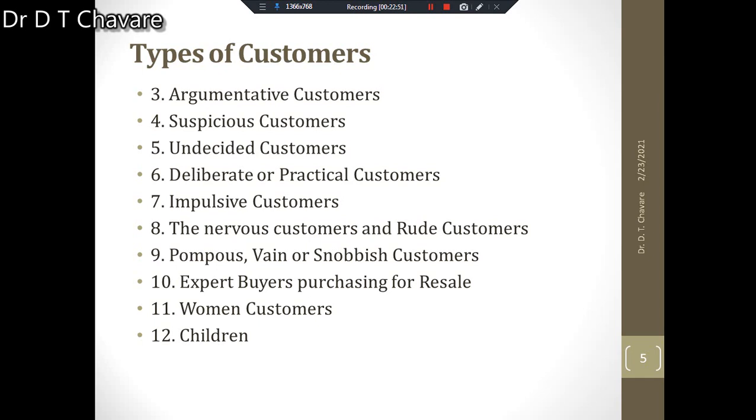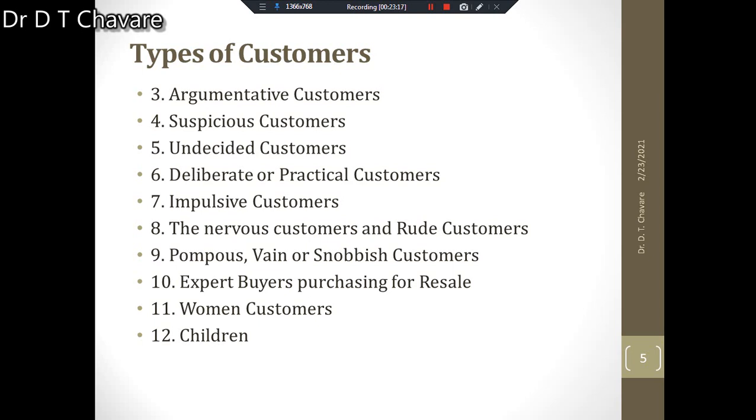Then other customers are also there, those are undecided customers. Undecided customers usually do not have the determination to purchase the product. The undecideds are those who cannot make up their minds.